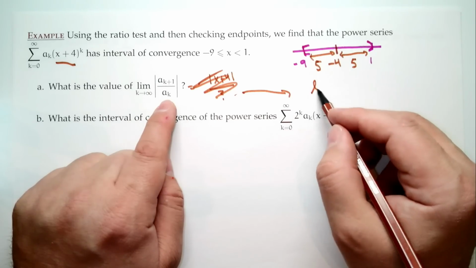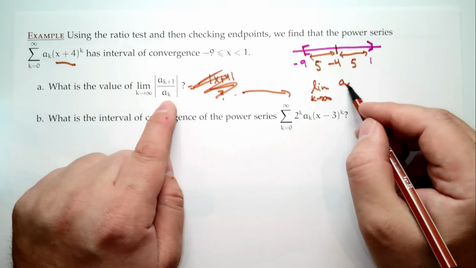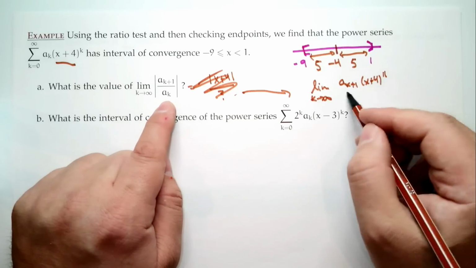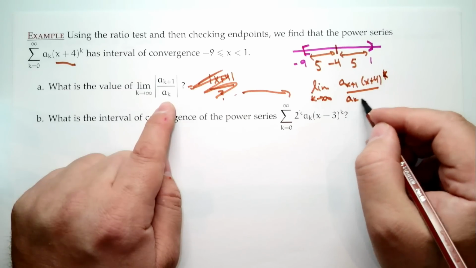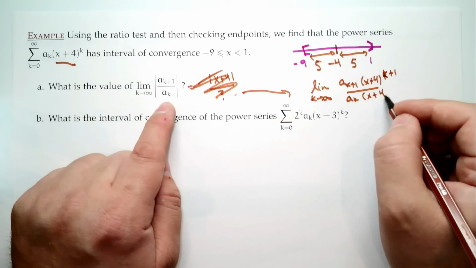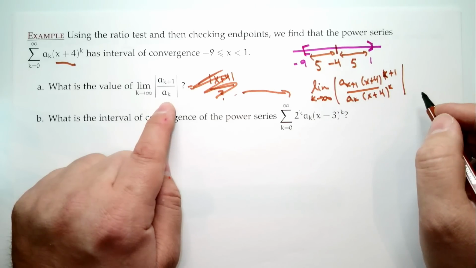I would take a look at the limit as k goes to infinity of a_(k+1) times (x plus 4) to the k plus 1, divided by a_k times (x plus 4) to the k, absolute value. That's the ratio test.